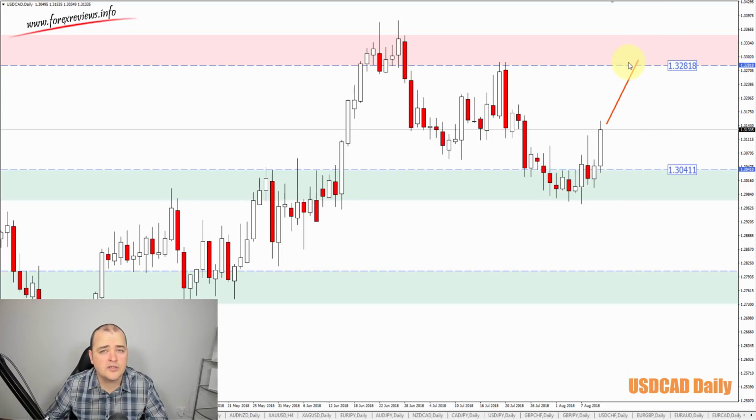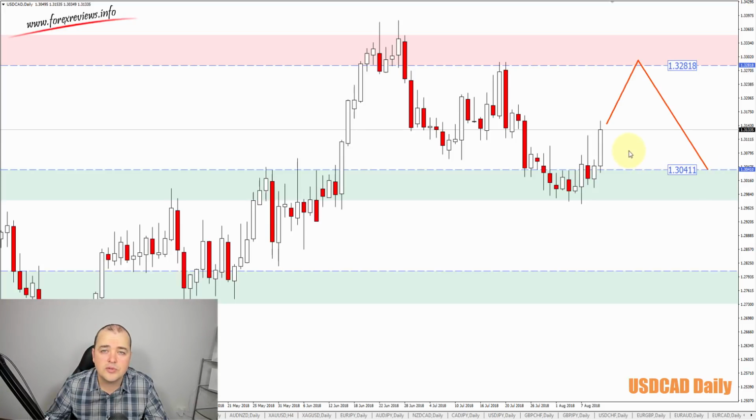It's also an area to the upside that I'd like to mention in this week's review, where I'm just looking for bearish evidence. And if I see right bearish evidence in this area, then potentially looking for a move all the way back down to the 130.41 zone area to the downside.